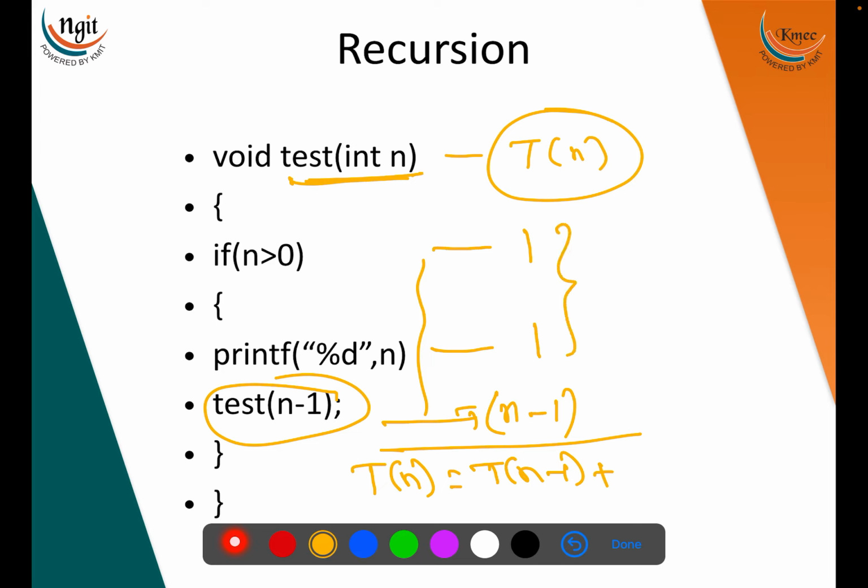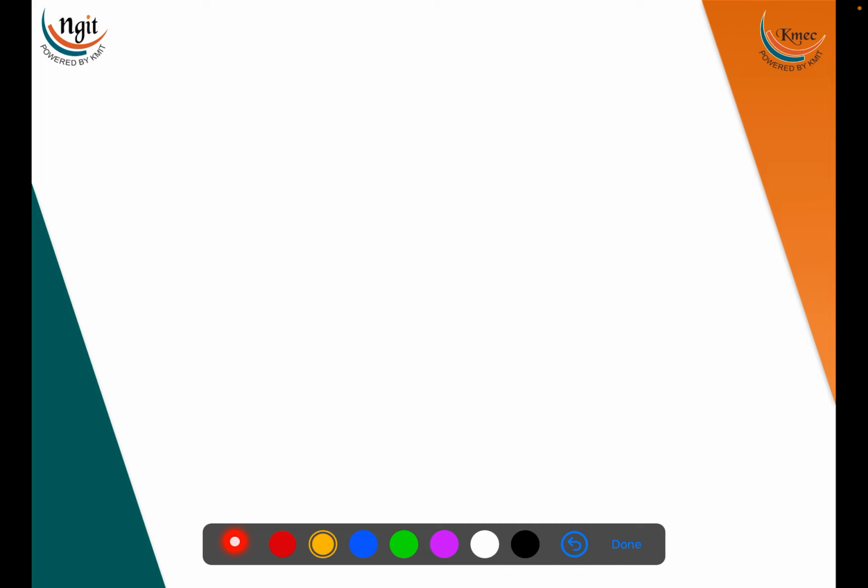So this 2 is a constant time. I am taking it as 1, because 1 represents constant time. So the recurrence relation is T of n equals T of n minus 1 plus 1 if n is greater than 0. If n equals 0, it doesn't do anything, but I cannot say 0 time is required because some time it will take.